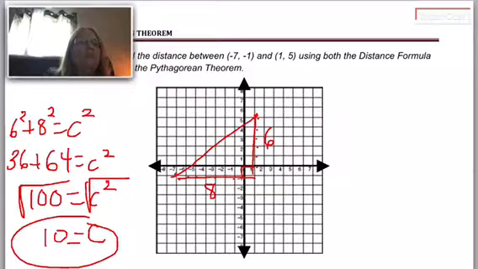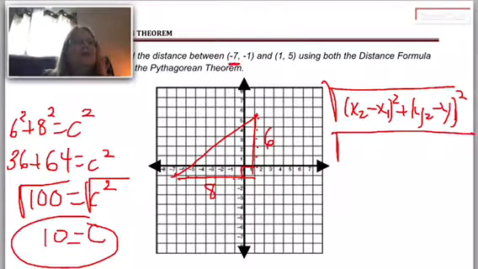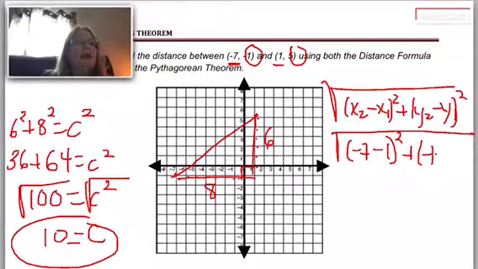Now we could have solved it by the square root of x2 minus x1 squared plus y2 minus y1 squared. So these are our x's: -7 minus 1 squared plus our y's, -1 minus 5 squared.